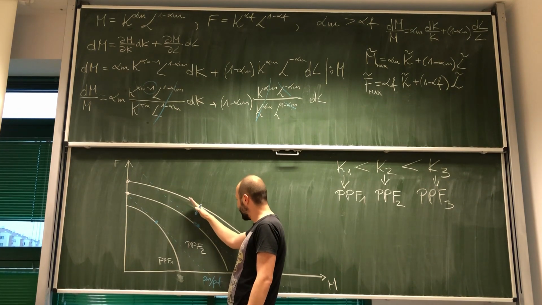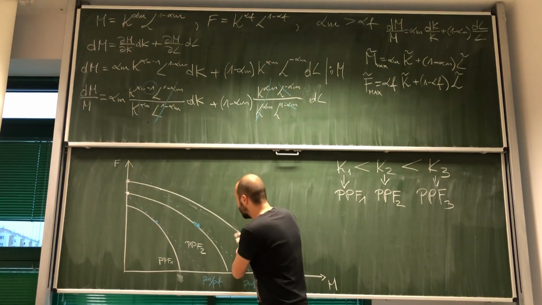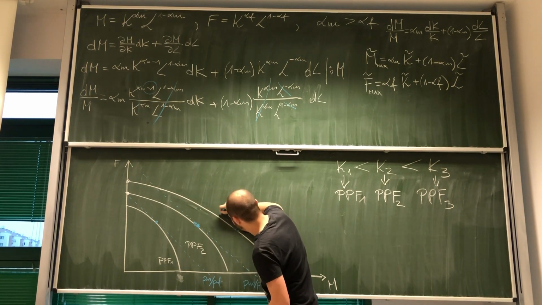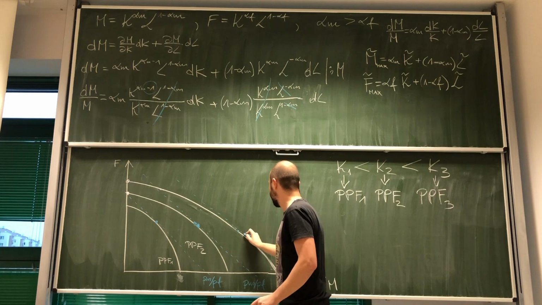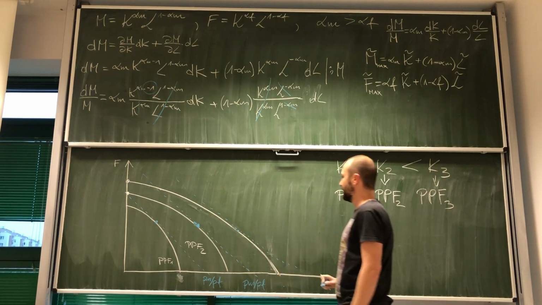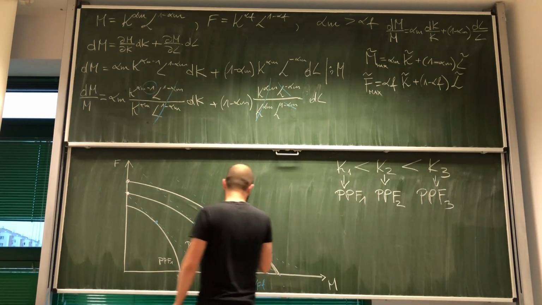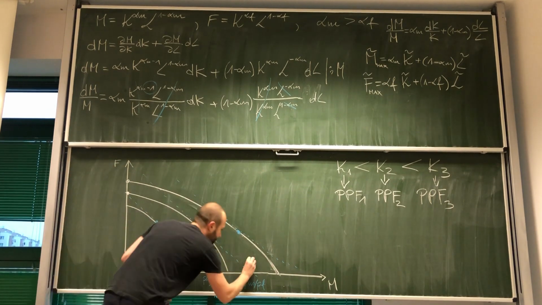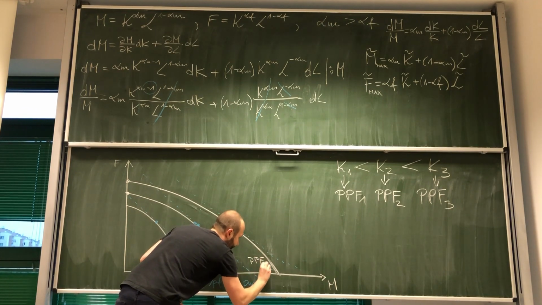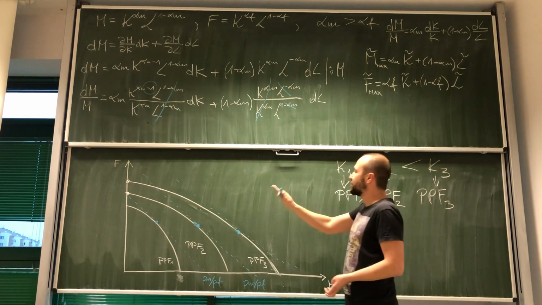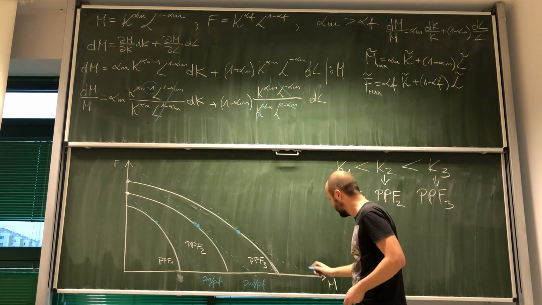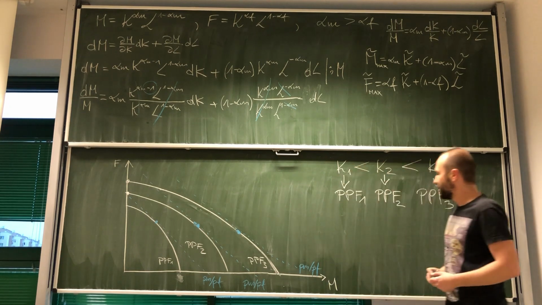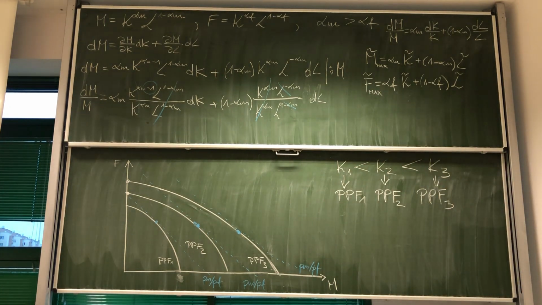Again, I'm going to be moving it upwards, until we arrive at a point where this line is tangent to the production possibility frontier 3. But of course, remember, those three lines are parallel, so we got that this is the same price of manufacturers to price of food ratio.